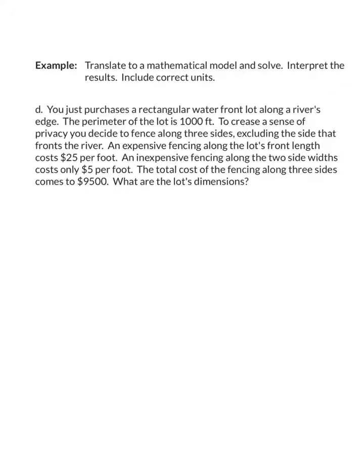An expensive fencing along the lot's front length costs $25 per foot, and an inexpensive fencing along the 2 side widths costs only $5 per foot. The total cost of the fencing along 3 sides comes to $9,500. What are the lot's dimensions?